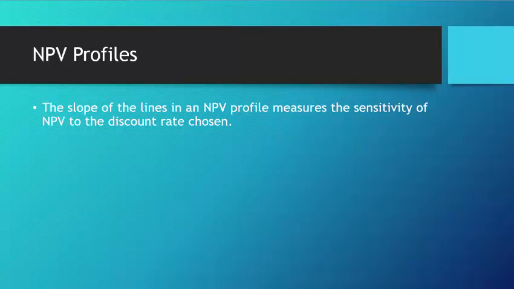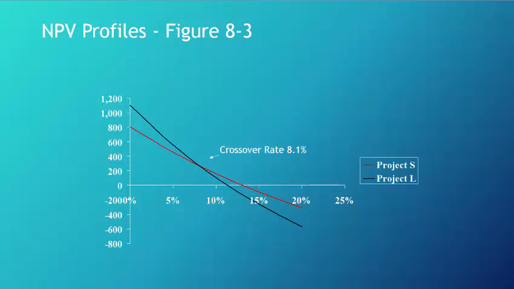And just to point out that the two had different slopes. The one with the shorter payback, in fact let me go back up and show you, is flatter, whereas the one with the longer payback is steeper. That's always true in financial instruments, by the way. So the longer projects are typically much more sensitive to the interest rates than the shorter ones.